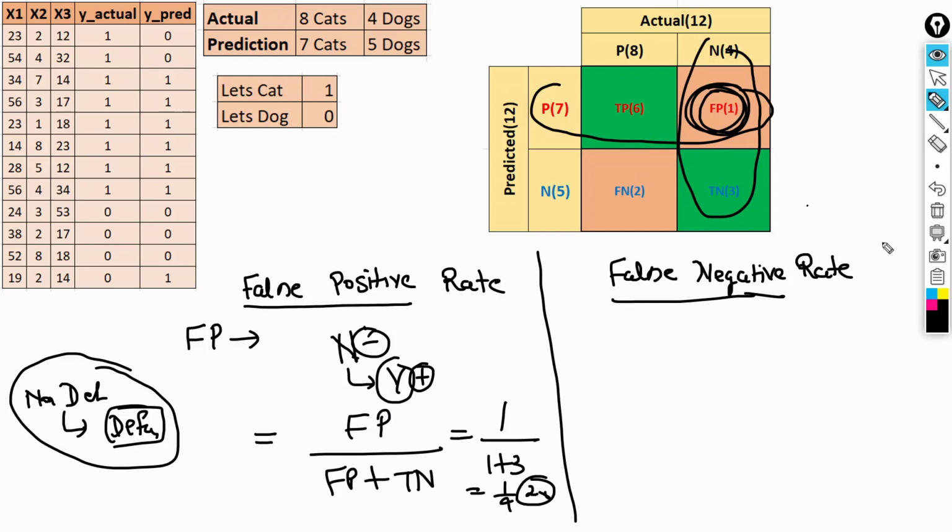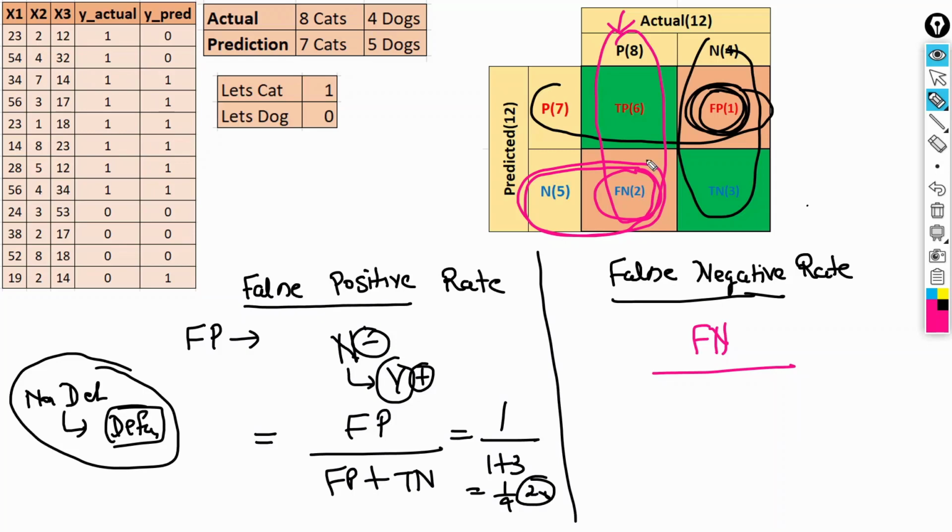Same here for false negative. We have to check the misclassification of the positive classes. This is the positive classes in actuality, so in actuality we have these total classes. My model is saying that this is negative, but in actuality it is positive.